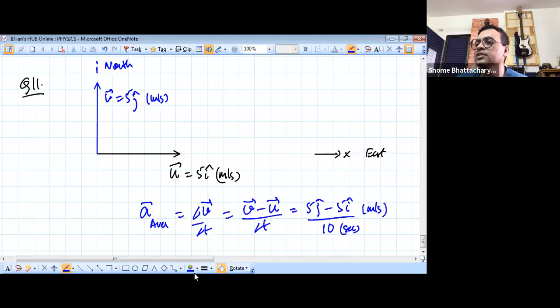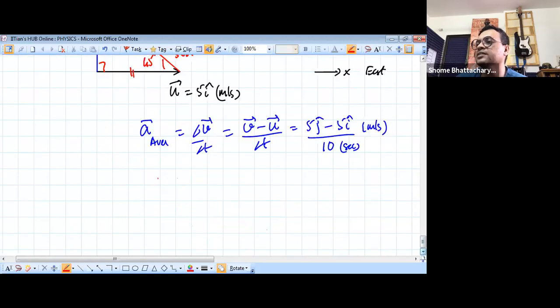So in the diagram, you can see that what is this difference going to be? This difference is going to be this. Yes, this is your delta V. This is your final minus initial. So because this side is equal to this side and this angle is 90, you can see its magnitude will be 5 and this angle will be 45. And that you can see from here also.